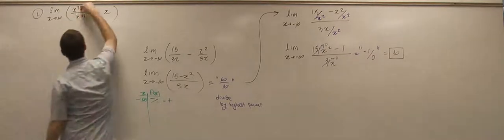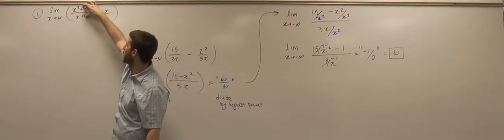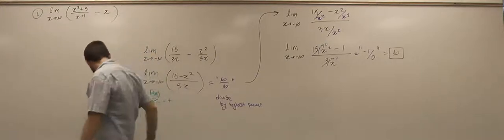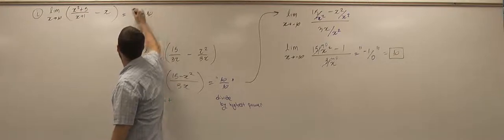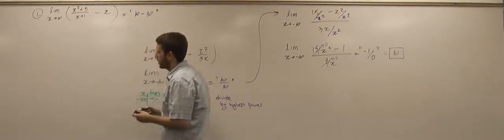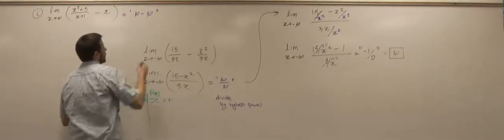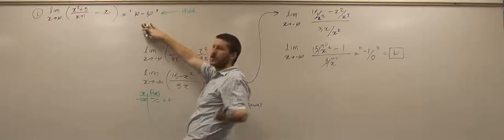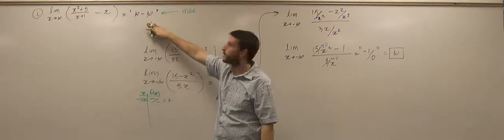Since the top degree is bigger, you're going to get a bigger number on top than on bottom, so this will be infinity minus infinity again. This is an indeterminate form, meaning that you cannot say this is 0 or 1 or infinity. You cannot make any determination from this.